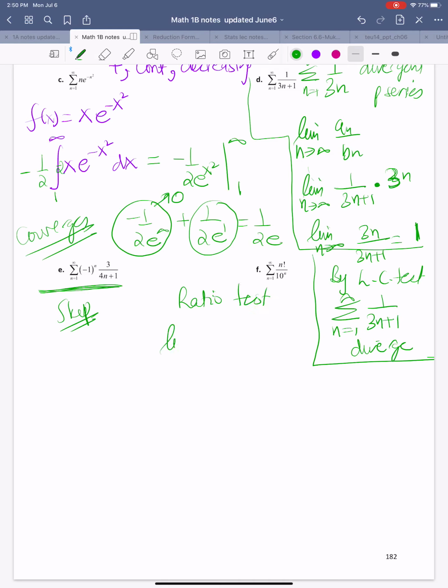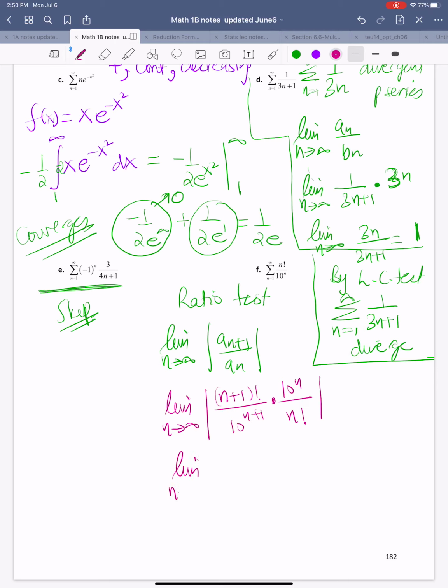Ratio test says limit as n goes to infinity of a(n+1) over an, and that would be n plus 1 factorial over 10 to the power n plus 1, multiplied by the reciprocal of an, because we are dividing by the n factorial.